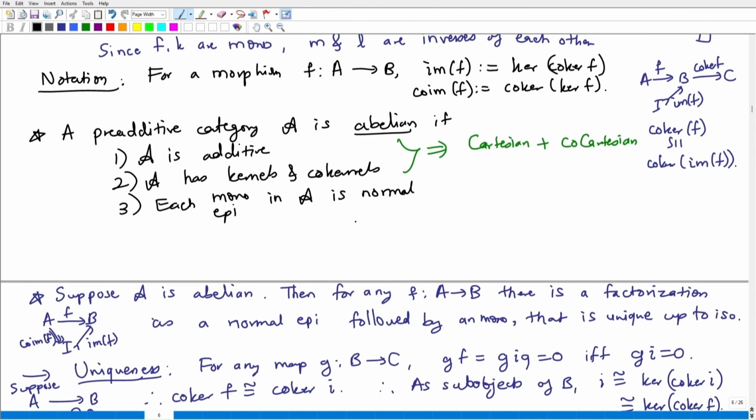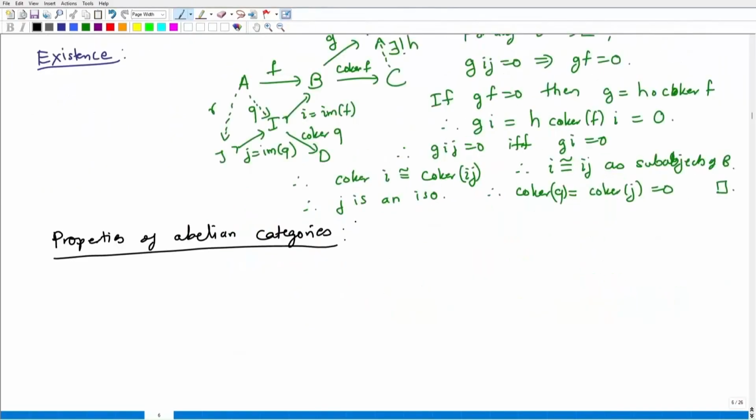It is pre-additive. And we already established that if A is pre-additive, then so is A op. Then it is additive, which means it has a 0 object, which is both terminal and initial. Then it has biproducts, which are both binary coproducts and binary products. Then it has kernels as well as co-kernels. Then every mono is normal and every epi is normal. So it is a self-dual definition.